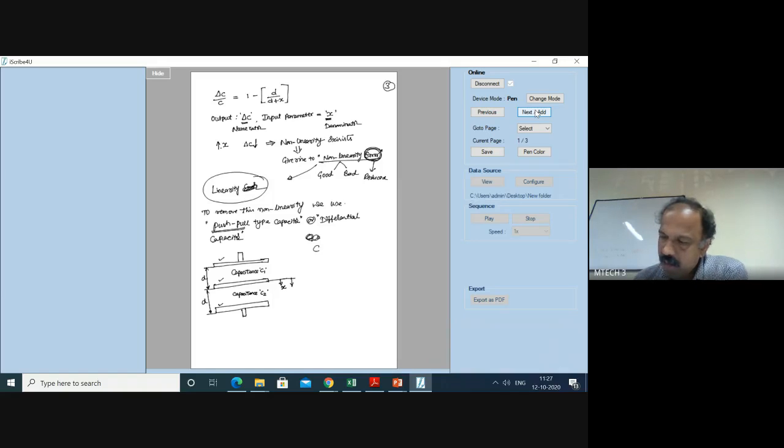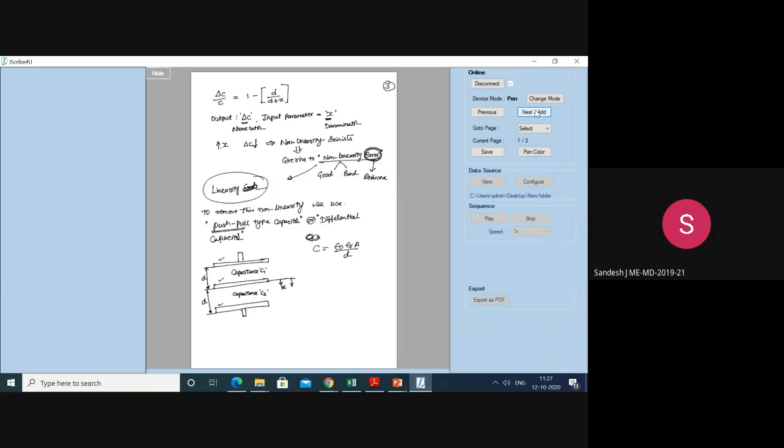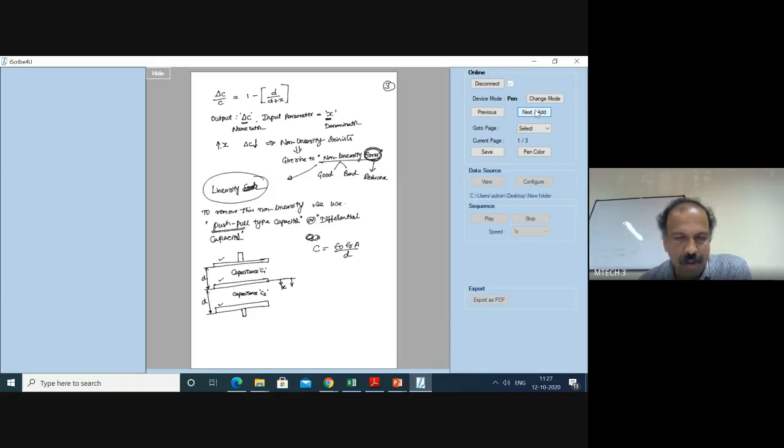Please understand. Earlier C is equal to epsilon naught epsilon r A divided by d. Now we are giving the displacement to which plate? Middle plate, central plate. I am giving the displacement to the middle plate.